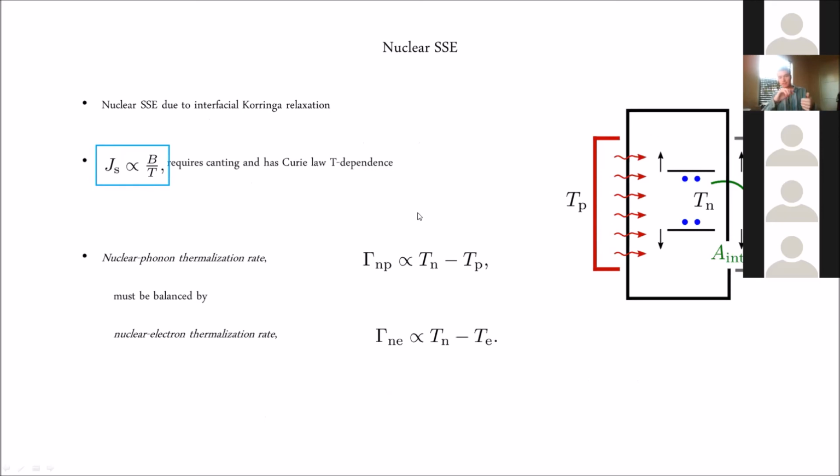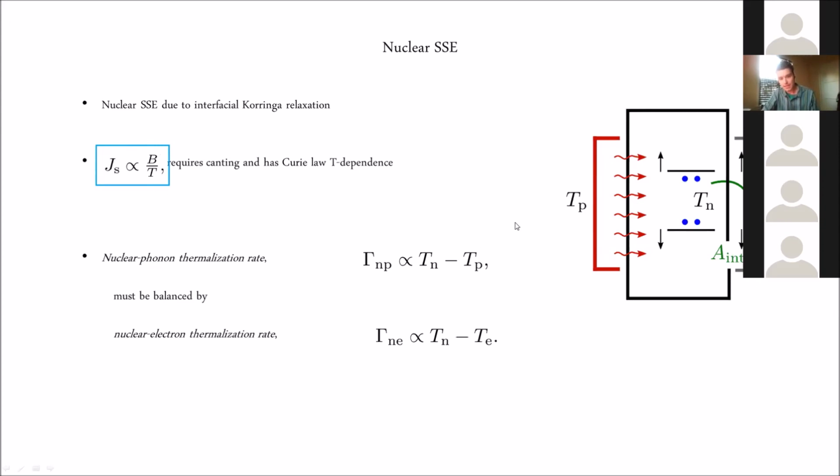And if there's no canting, then there are just adjacent nuclear sites which are oppositely oriented, and their contributions cancel out. So we need canting, so the effect is proportional to magnetic field, and it's also inversely proportional to temperature from the Curie law, the temperature dependence of the nuclear spin polarization.